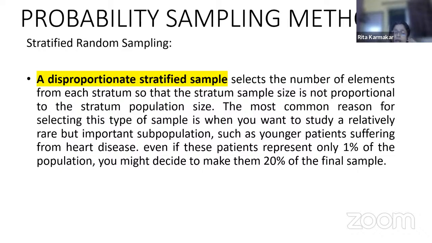Now, if you are using this proportionate one, suppose the total population is 50.